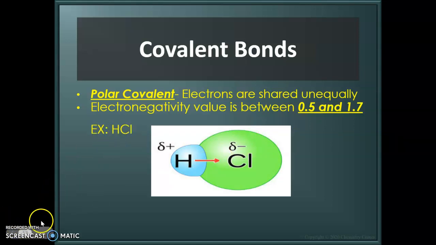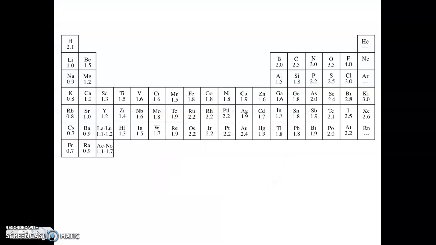So let's do hydrogen chloride. All we have to do is find the electronegativity value for chlorine and for hydrogen and then subtract them. We're always going to start with the highest electronegativity first and then subtract the lower one. The electronegativity value for chlorine is right here, it's 3, and for hydrogen it's 2.1.